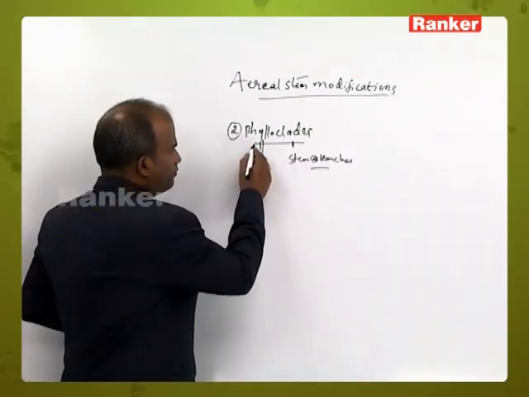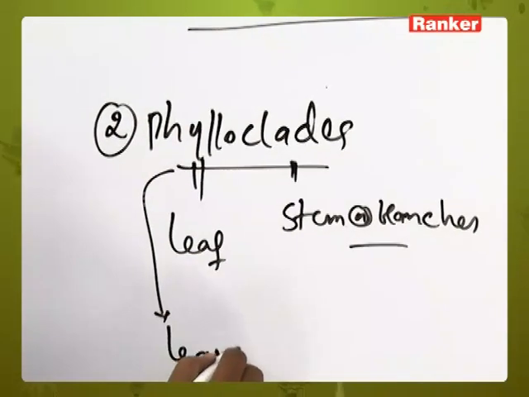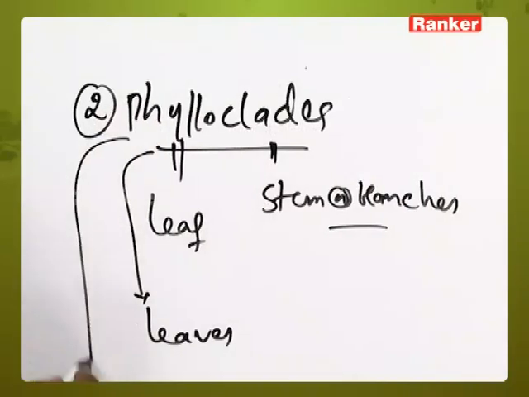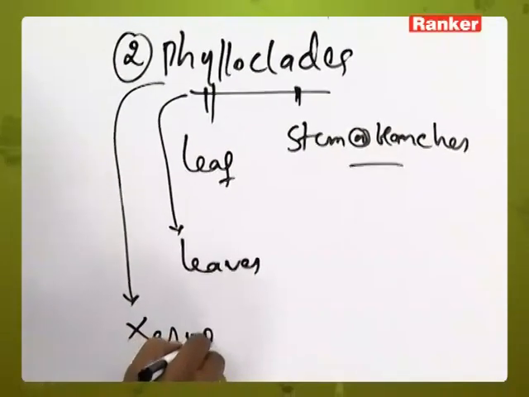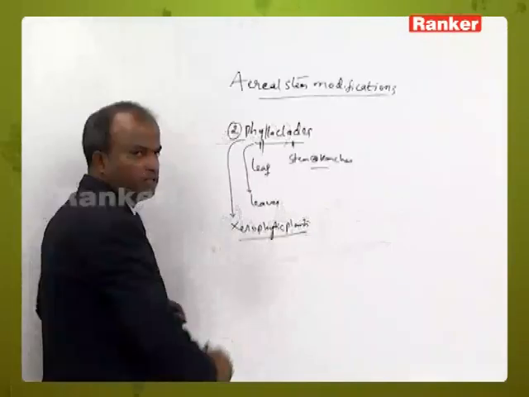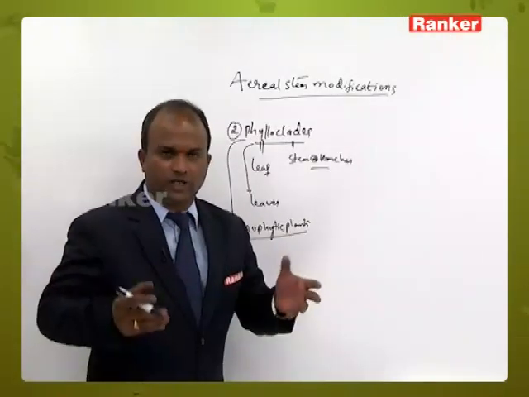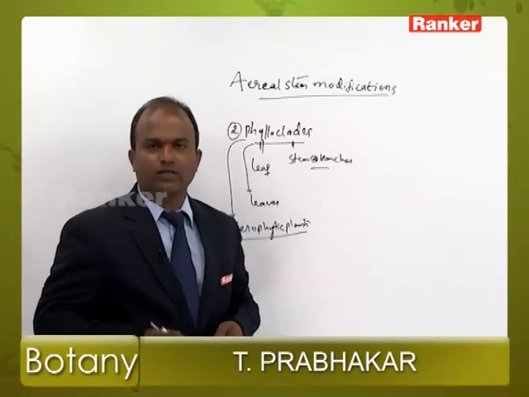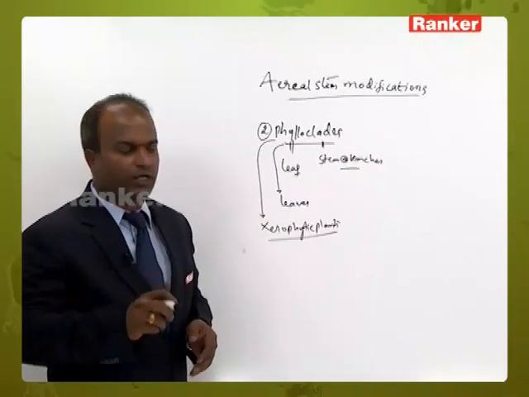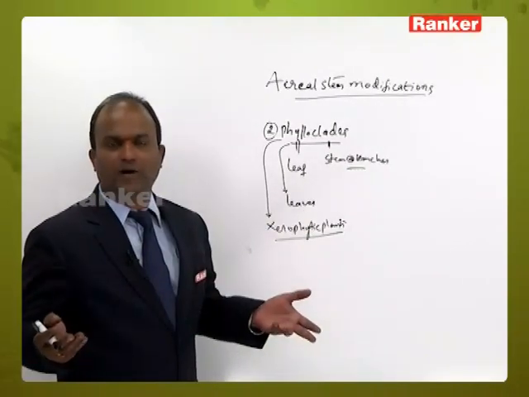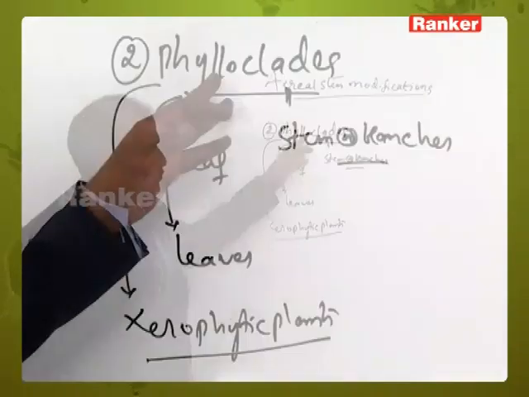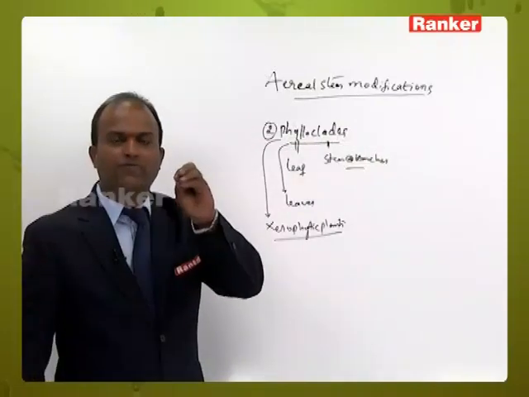What happens to the leaves in these phylloclades? Phylloclades are present in xerophytic plants. In xerophytic plants, is a larger amount of water available? No. There, a lesser amount of water is available. If they had green expanded flattened leaves, more transpiration would occur, and the plants would die very soon.